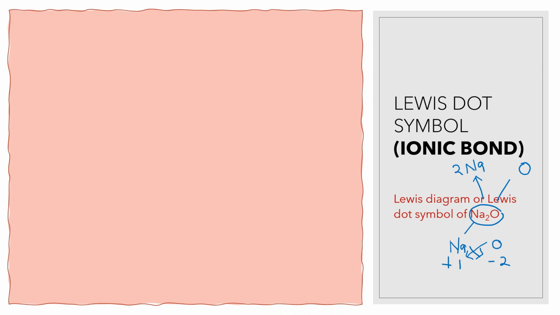So in order to draw the Lewis dot symbol for this ionic compound, you must make sure to draw 2 sodium atoms and 1 oxygen atom. Firstly, start by writing the electronic configuration for the respective element.